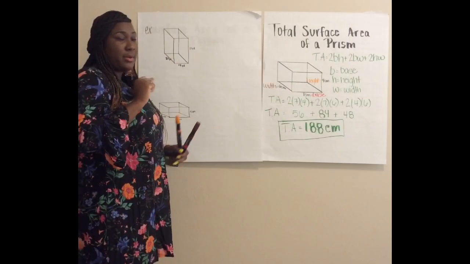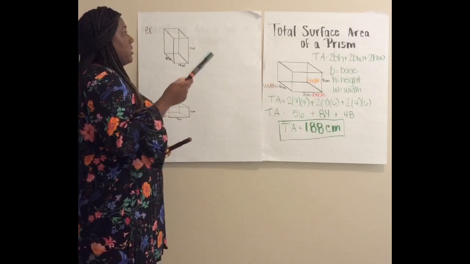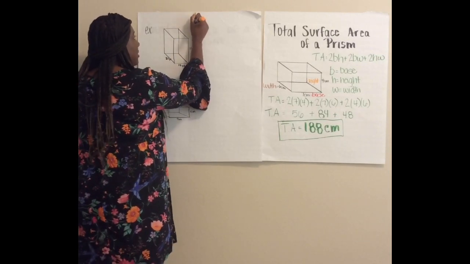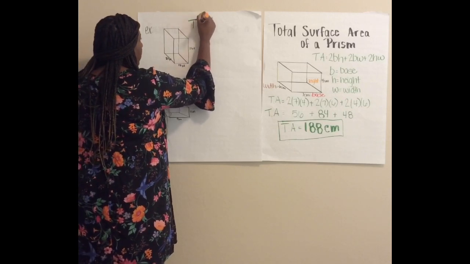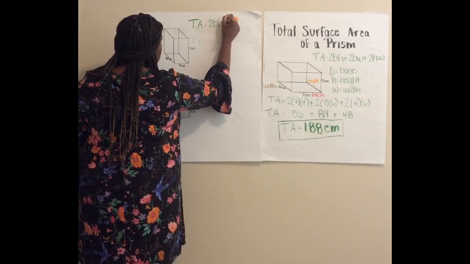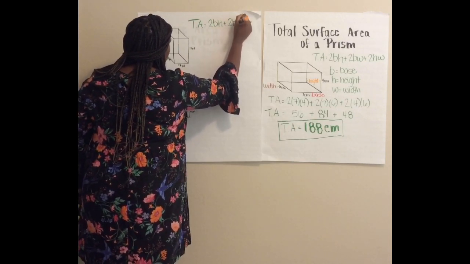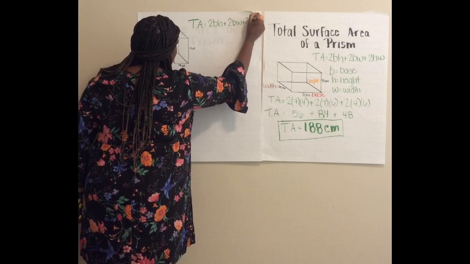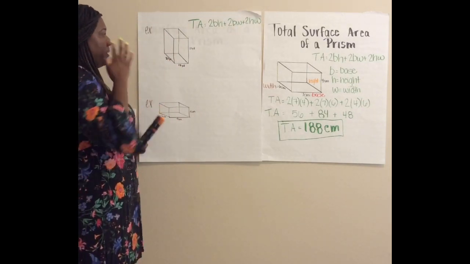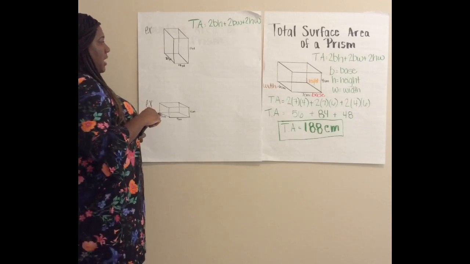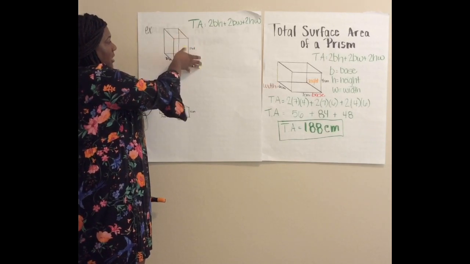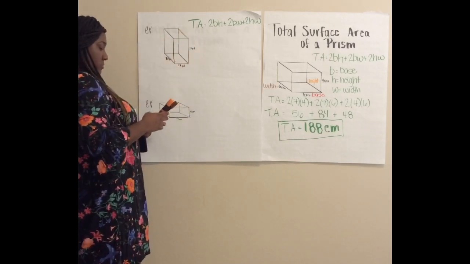Try 2 examples, okay? So we're still finding the total surface area. So first things first, let's get that formula written down. Okay? Boom, got our formula. So now let's label our base. It's still the bottom. Just because it's not laying on this side, that's fine.